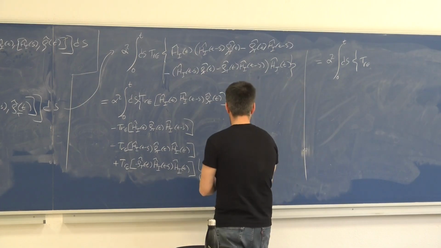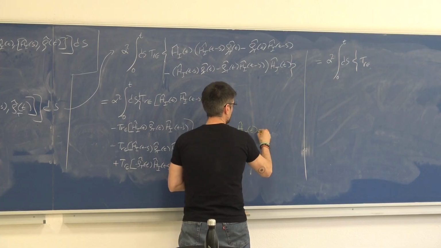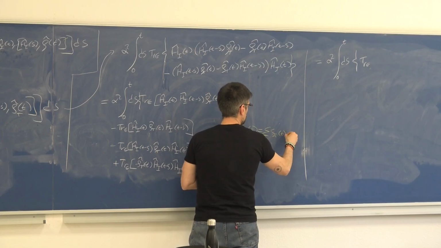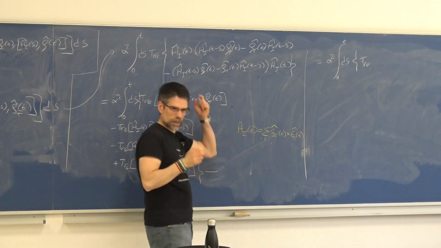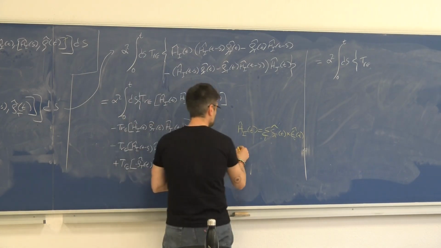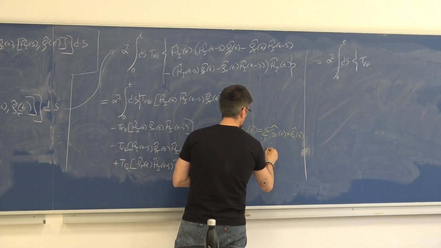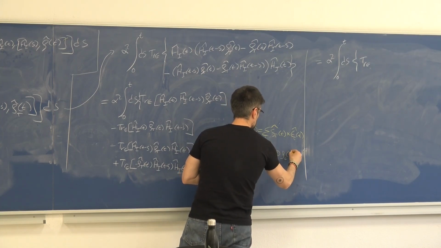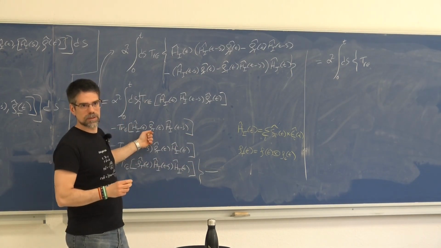Remember, H_I hat of t is the sum over i of S_i of t times E_i of t. This we have written almost at the beginning. Remember that we are making the assumption that rho total of t is rho of t times rho environment of t. These are two things that we need to expand this equation.